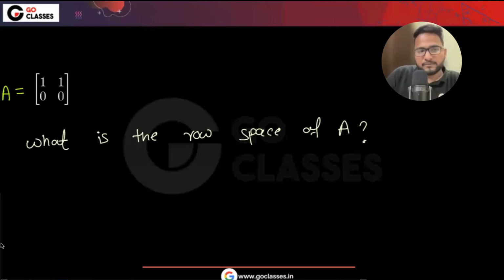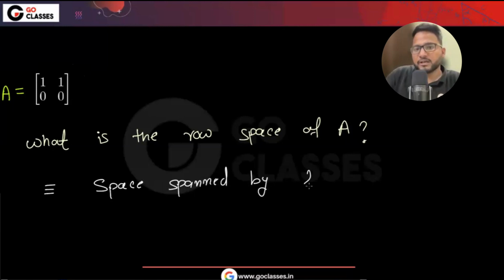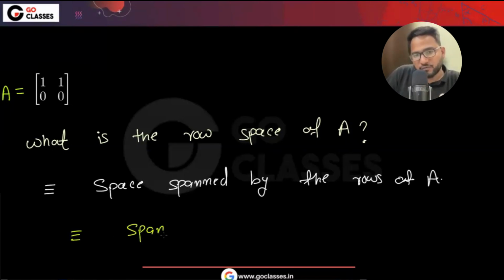Let's see. For this matrix, the row space is nothing but the space spanned by the rows of A. So this is the same as the span of (1, 1) and (0, 0).